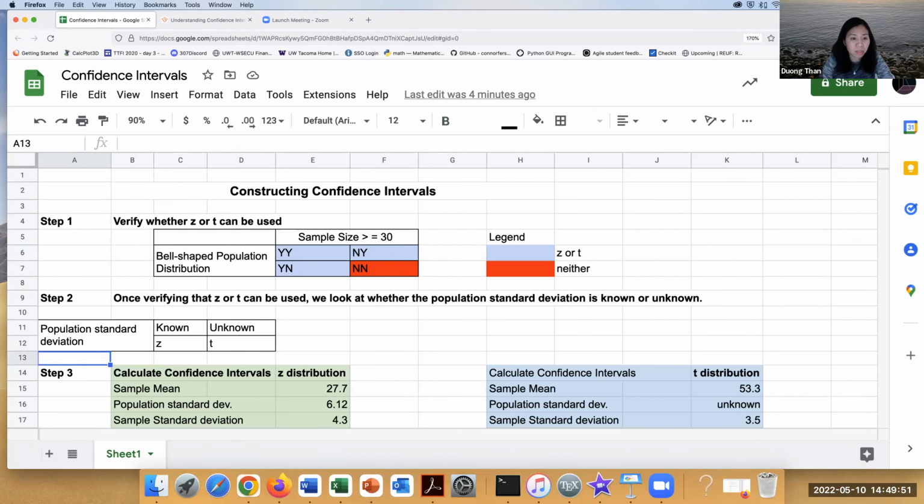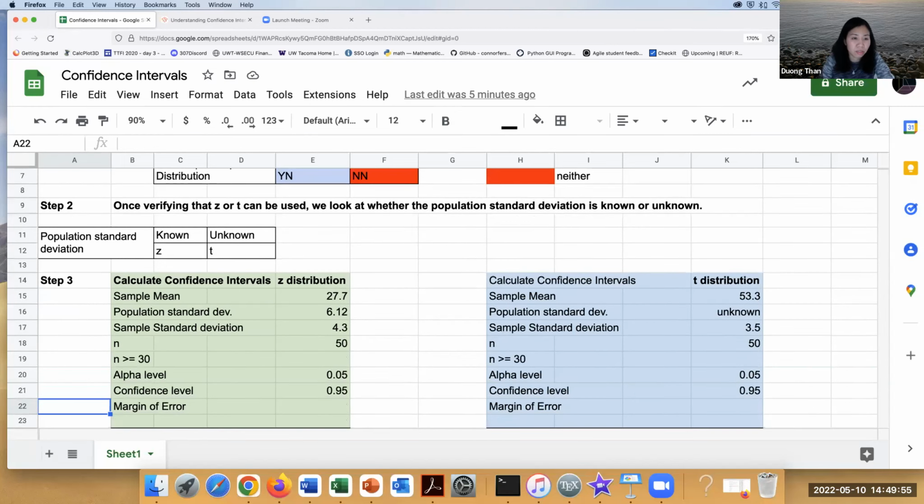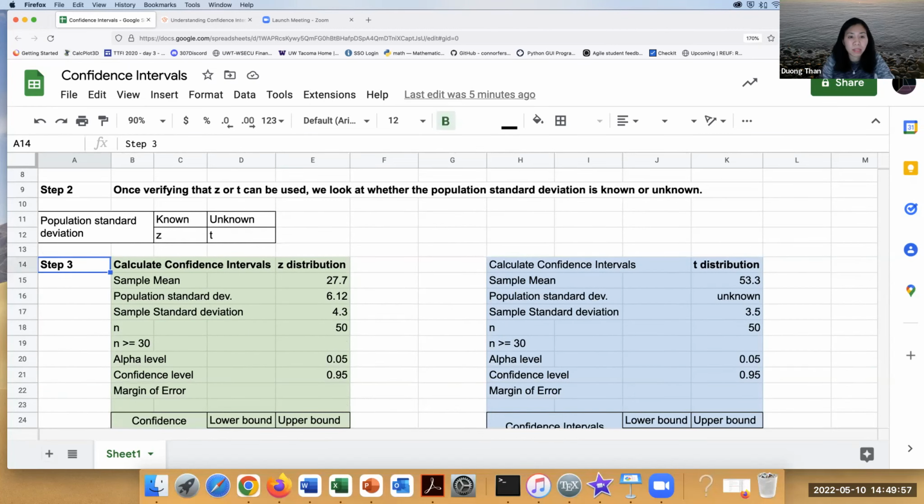And the third step is to actually construct or calculate the confidence interval. I will illustrate the 2 cases. The first case is when you use the Z distribution, and the second case is when you use the T distribution. In either case, if you get a sample, you should have a sample mean. If the population standard deviation is available, then you use the population standard deviation.